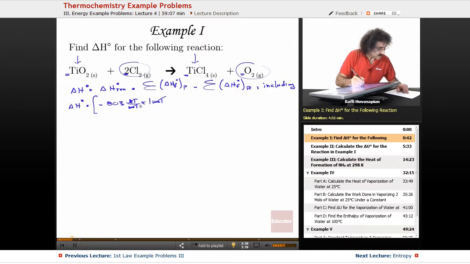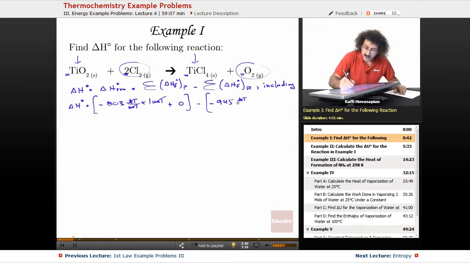Okay, so those cancel, and then we add to it the enthalpy for this, which is 0, and then we subtract the sum of the enthalpies of formation for the reactants. For the titanium dioxide, we look it up, at minus 945 kilojoules per mole, and the coefficient on that is 1, so it's times 1 mole, and then plus 0.